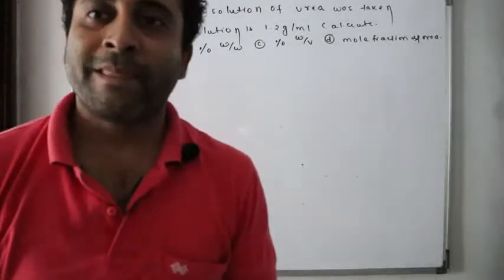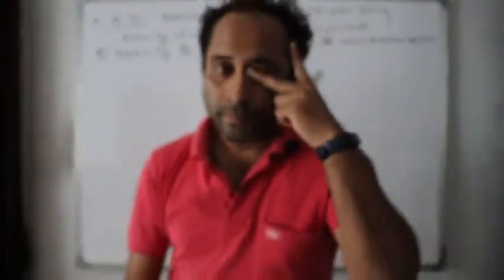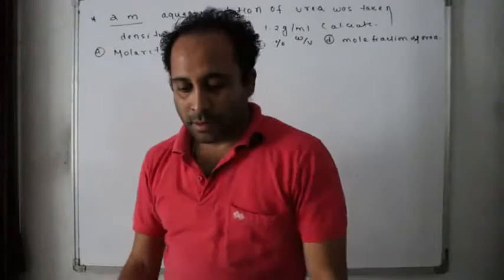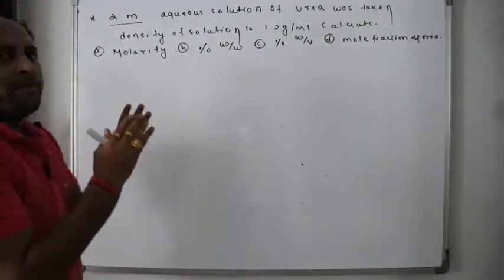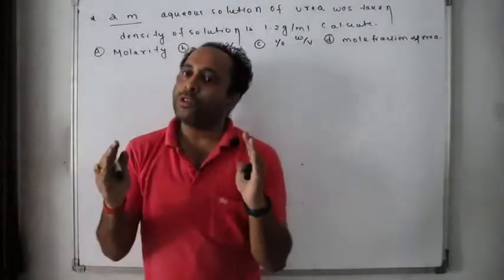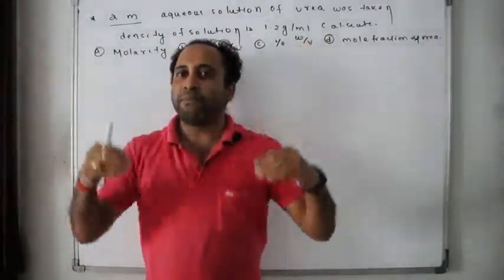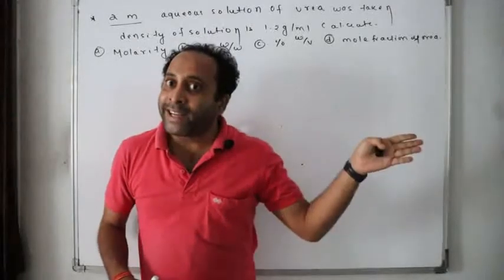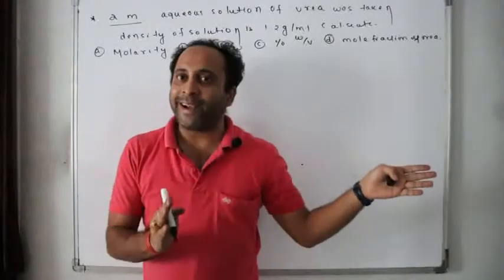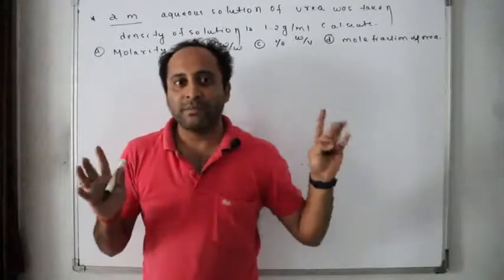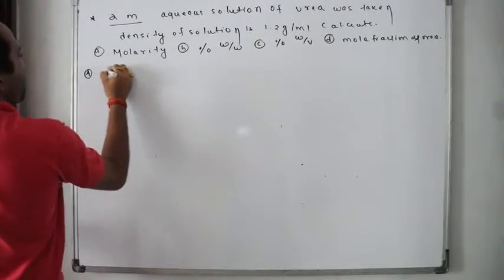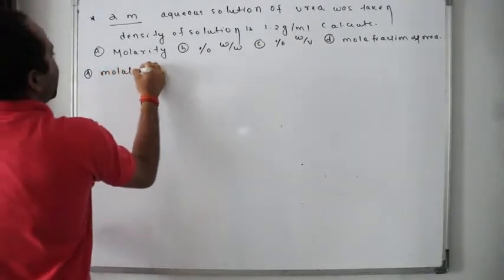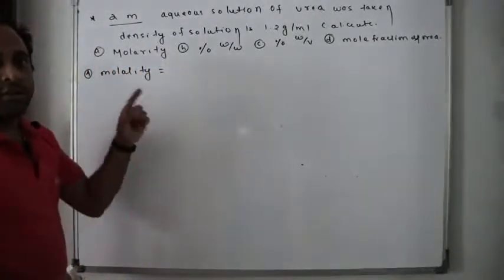Now pause my video. Pause and solve it quickly. Now shall I help you out? What do you mean by molality? Number of moles of the solute present per kg of the solvent. Kg of the solvent, not solution. So can I write like this? Molality is equal to what?